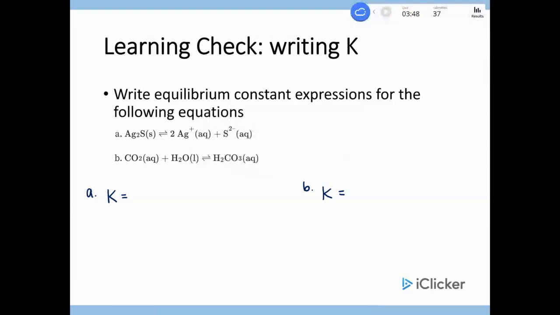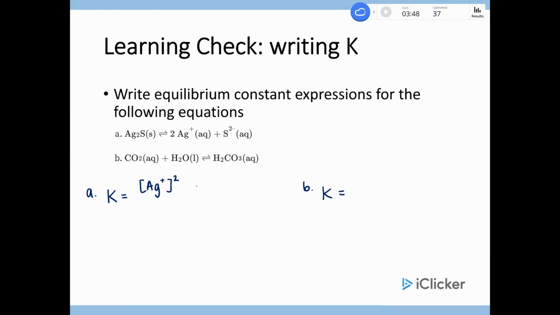All right, first equation, silver sulfide, forming ions, silver plus and sulfur 2 minus. Remember, K is products over reactants. So first product is silver with a +1 charge. That is aqueous, and it has a coefficient of 2, so it is raised to the power of 2.